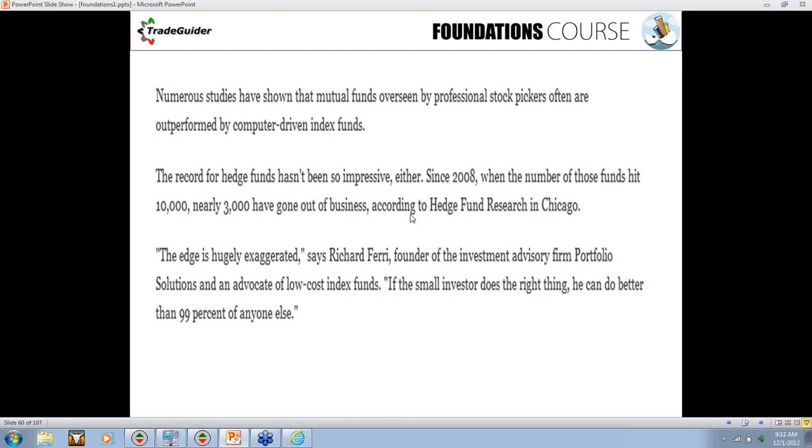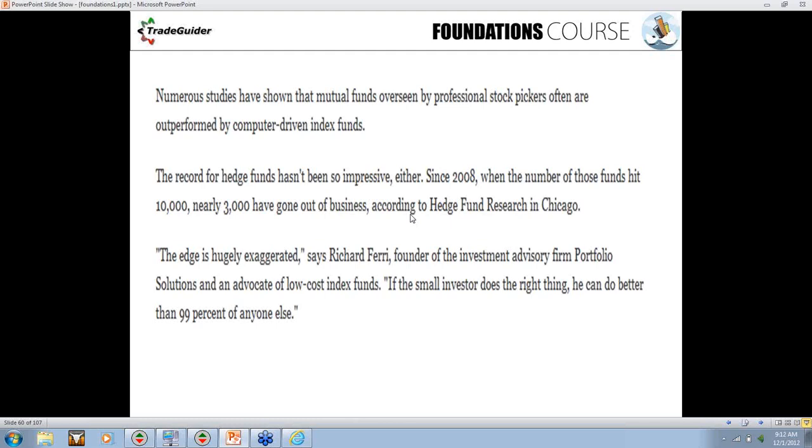The edge is hugely exaggerated, says Richard Ferry, founder of the investment advisory firm Portfolio Solutions and an advocate of low-cost index funds. If the small investor does the right thing, he or she, I'll add, can do better than 99% of anyone else. That's you and me, ladies and gentlemen. If we do the right thing, we can do better than 99% of anyone else, and that is true.